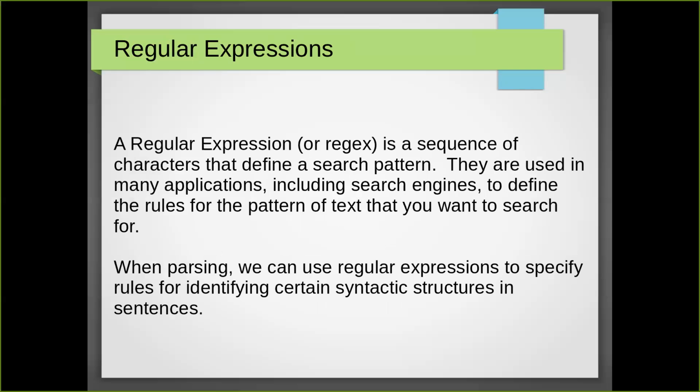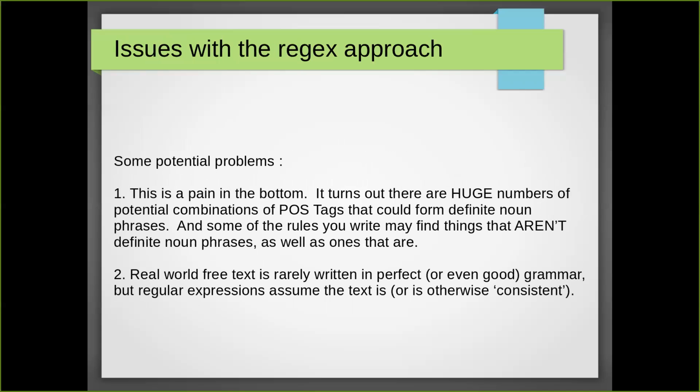We also talked a bit about regular expressions, which are ways in which we can set up sequences of characters to define a search pattern that's used by search engines, and that potentially we could use to find definite noun phrases. The issue with that, though, as we discussed, is, because this is the way it used to be done, it's a huge pain.